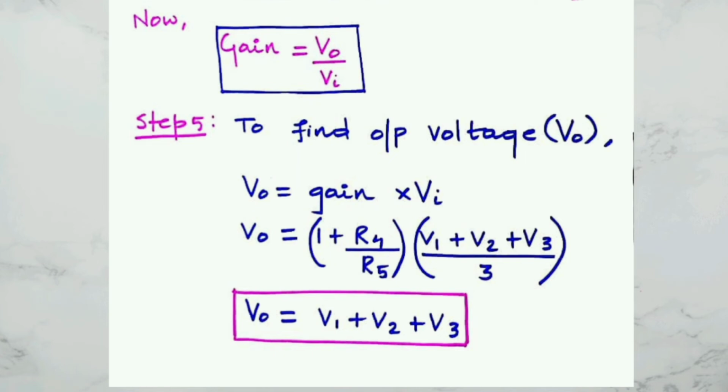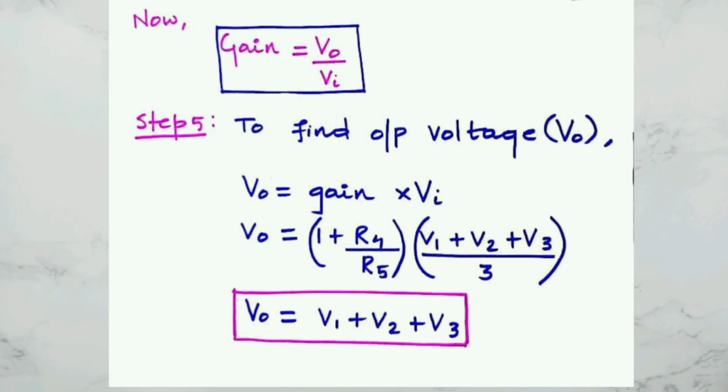If you look back at the circuit, it is a non-inverting summing amplifier, which means the input voltage is applied to the non-inverting terminal of the op amp. We already know the gain of the non-inverting amplifier is 1 plus the feedback resistor to the input resistor. The feedback resistor is RF here and the input resistor is R5. So your complete output will be 1 plus R4 by R5 times your input voltage.